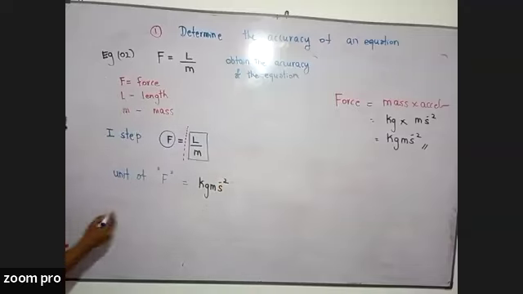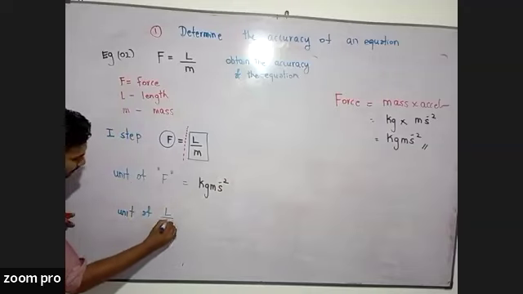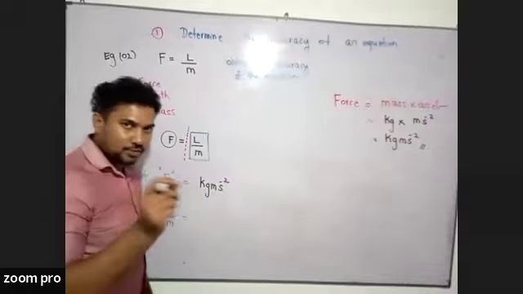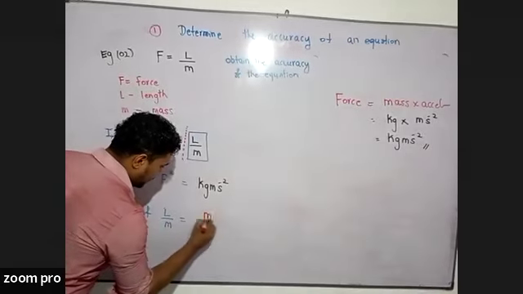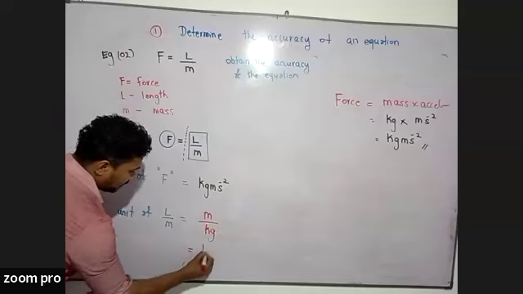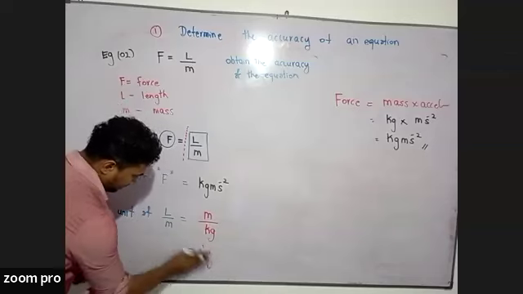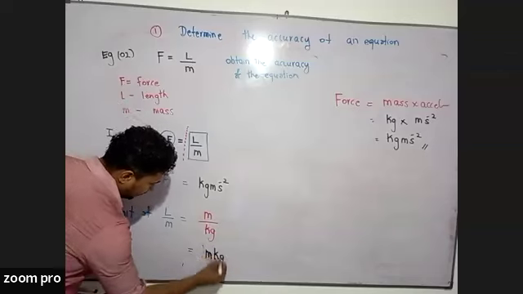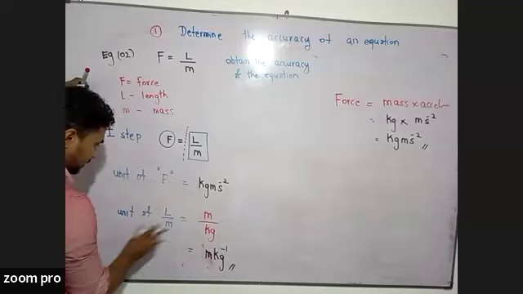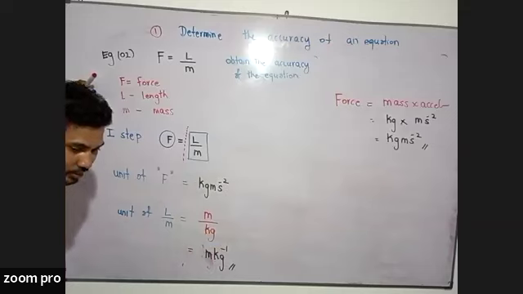Okay. Now let's find the units of the other term, units of L over M. Here, L represents the length. What is the unit of length? It should be meters. M means kg. So when the kg comes to the denominator, it converts into meter per kilogram. So see, there are two terms in this equation, but the units of the terms are not equal.